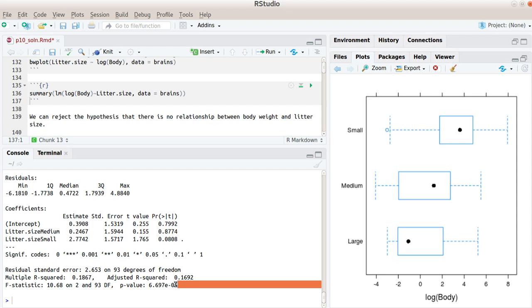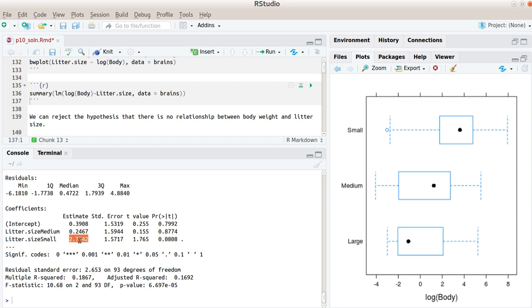Now, it might be that you are unlucky and you pre-registered the null hypothesis that small letter size is different from medium letter size and large letter size, and you could not reject that because the p-value here is greater than 5%, which means you can't reject the hypothesis that this is equal to 0. To repeat, for the f-test, the null hypothesis is that nothing matters: this is 0 and also this is 0.